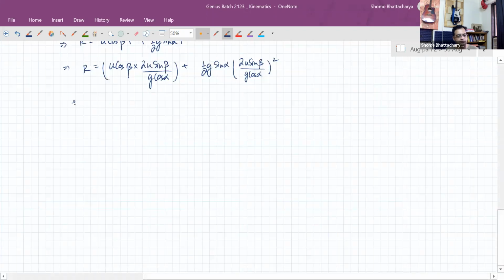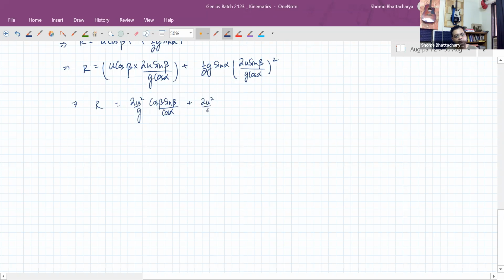Always help. Anyhow, so this becomes 2u square by g cos beta sine beta divided by cos alpha. You might be tempted to write this as 2 sine beta, but just before doing that, compare it with the second term.